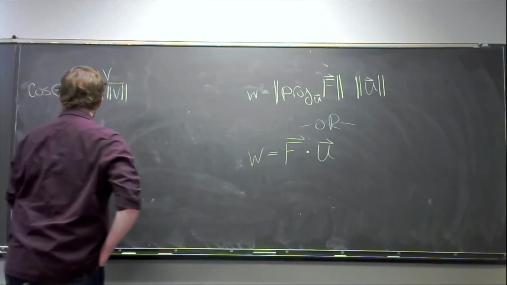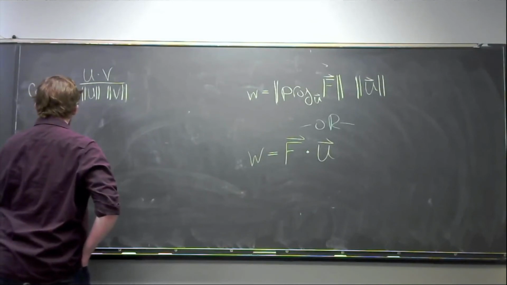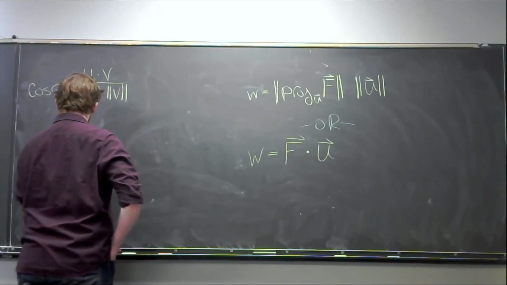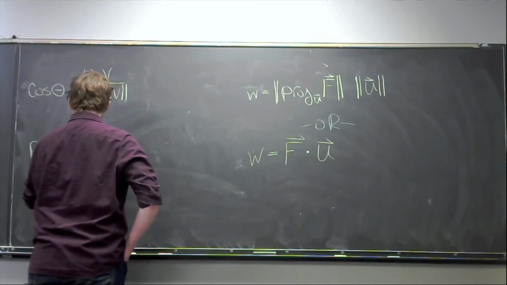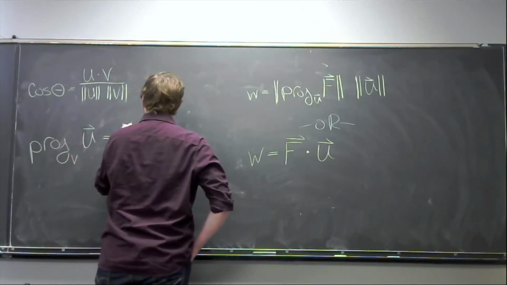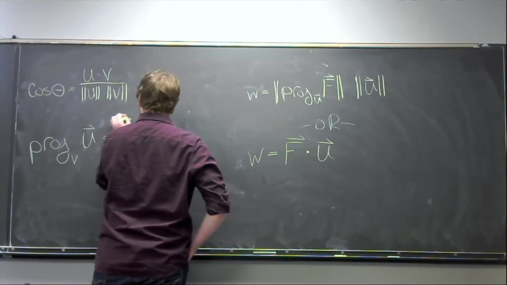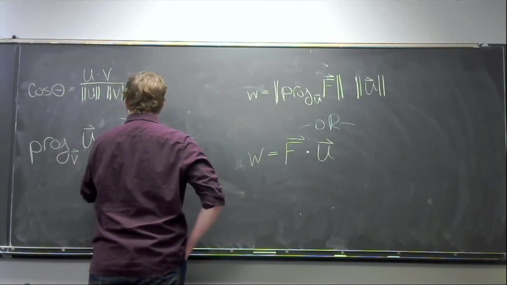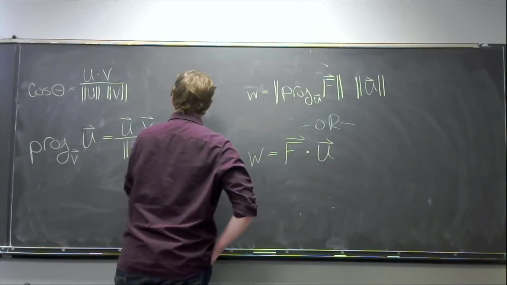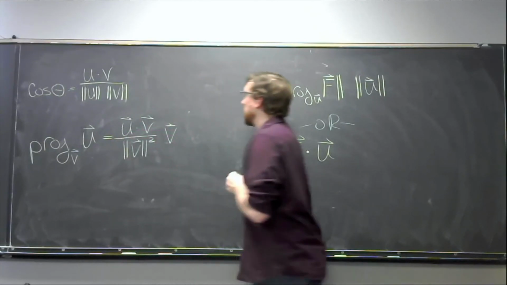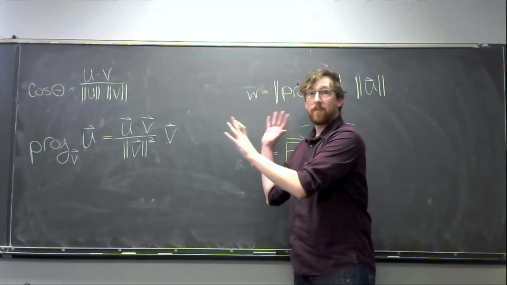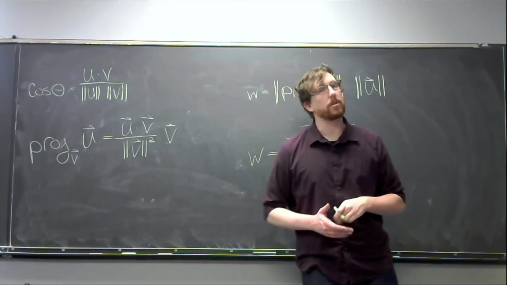We also had that the projection of a vector u onto v is equal to the dot product of u and v divided by the magnitude of v squared times v. So in this problem, we used all of these. And that was the real point of it, right? Was to kind of review these.